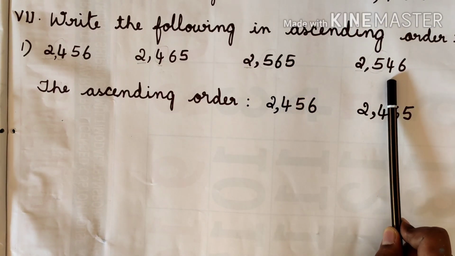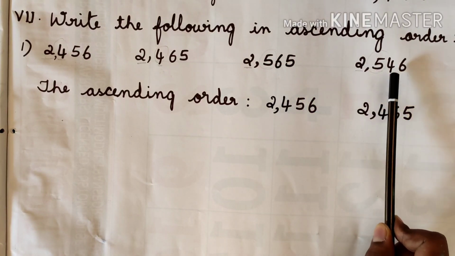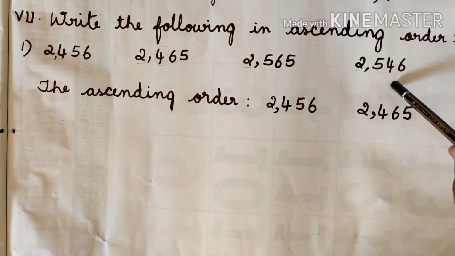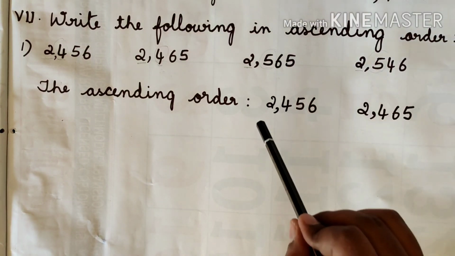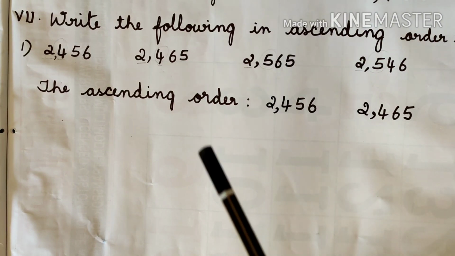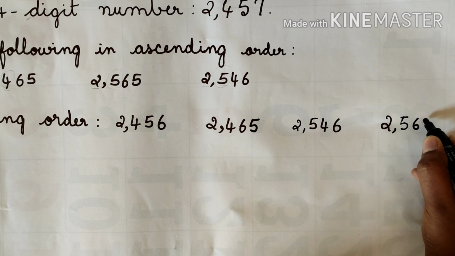So out of 6 and 4, which is the smallest? 4 is smallest. So we need to write the number with the 4 in tens place first. Then we have to write the number with the 6 in tens place next. So let us write the number with 4 in the tens place, that is 2546. Last comes 2565.